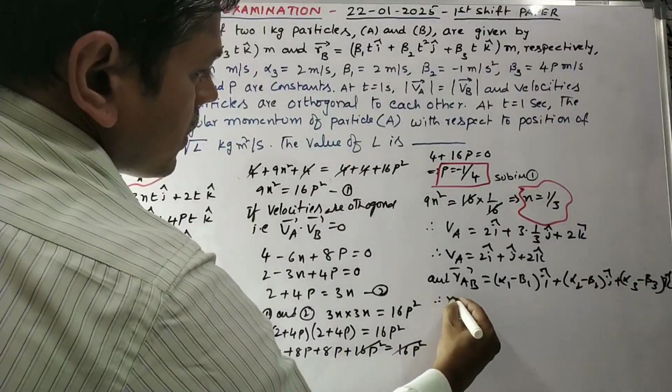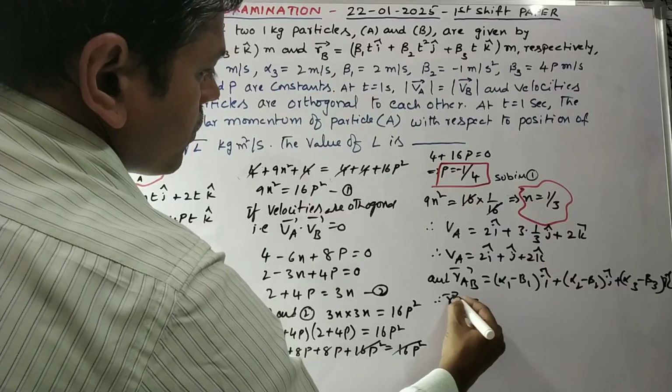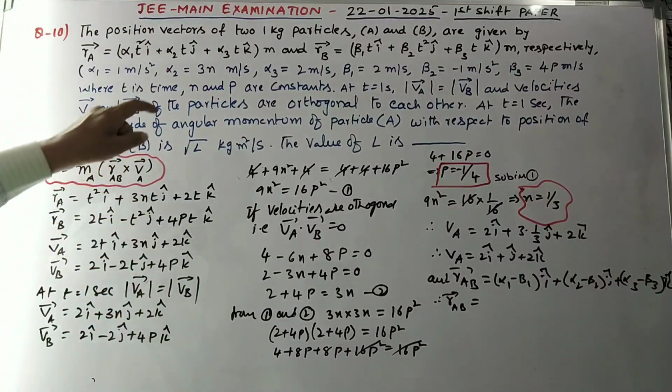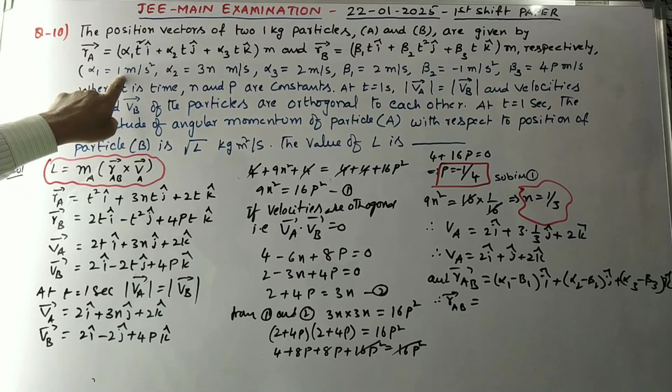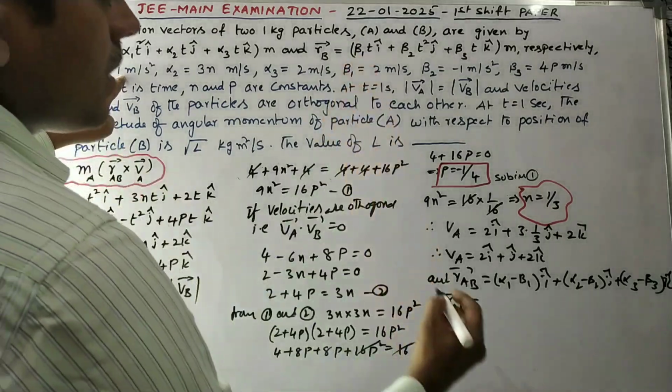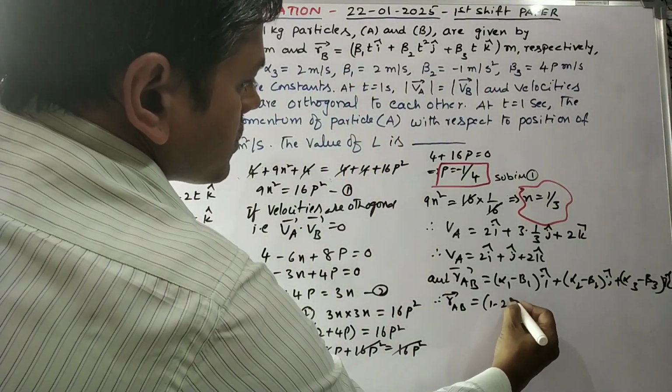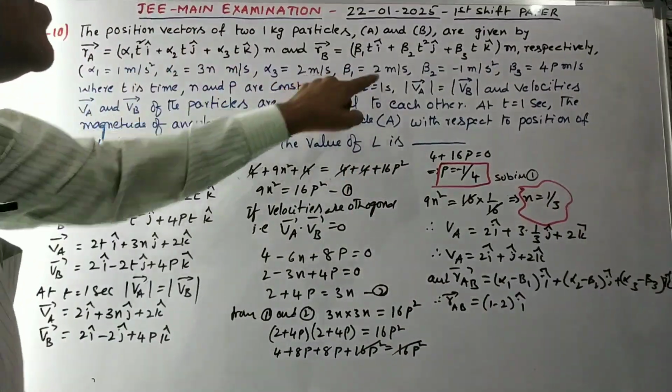Alpha 1 is equal to 1, minus beta 1 minus 2, into i cap.